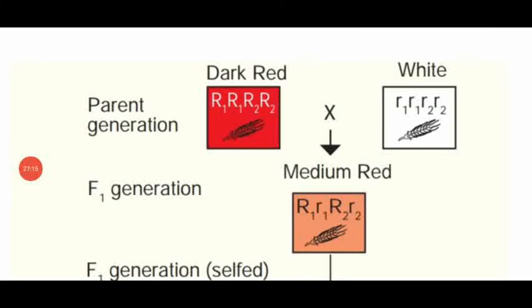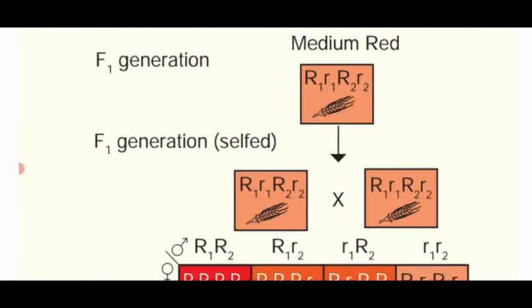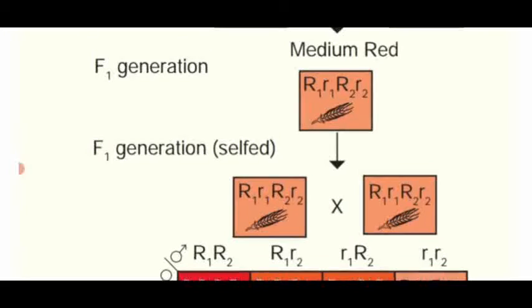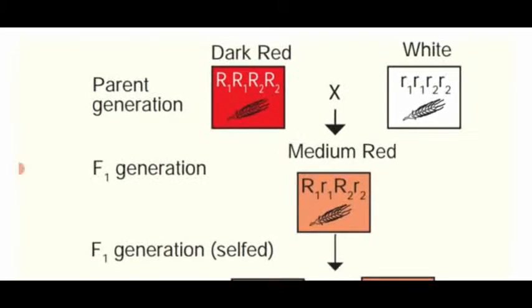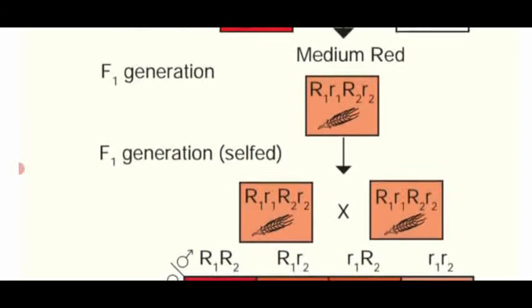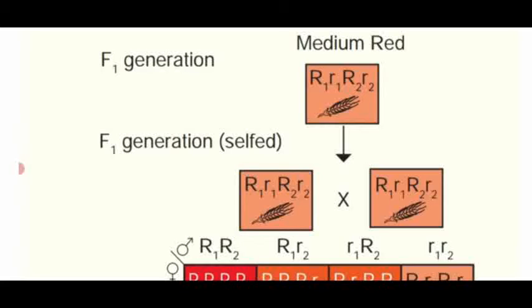Dear students, see the hybridization process. In the parental generation, dark red, which contains different genes, and white color, which contains different genes, are crossed together. In the F1 generation we are getting medium red color, which contains all the alleles of the different genes, but how many R are there? 2 R, isn't it?